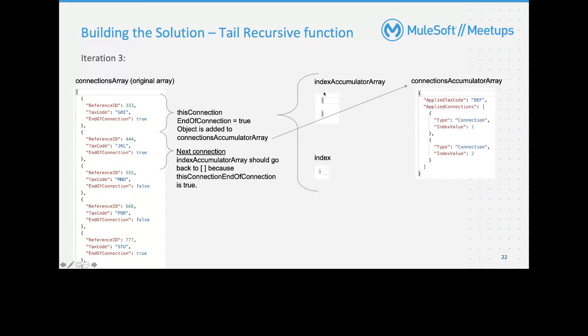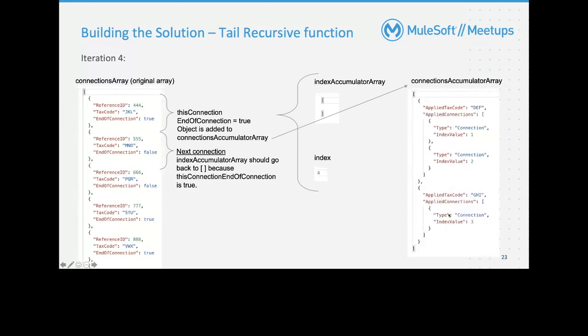And this is back to empty. So now our index is 3. We are here in the reference ID 333. And since this end of connection is also true, we want to just take this index and put it here. We don't have anything here. So we would be basically taking this index, putting it here, and then emptying this thing again. So now we have the index value 3 here.